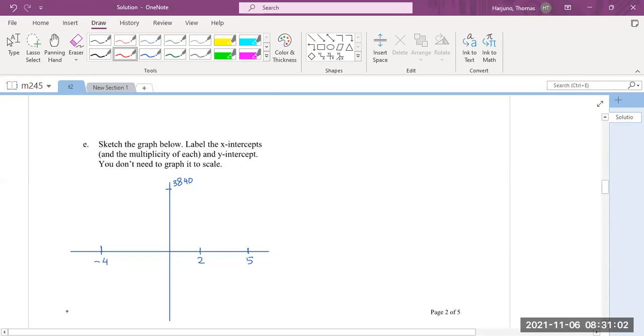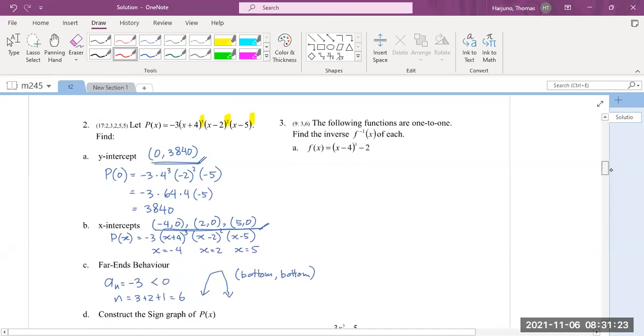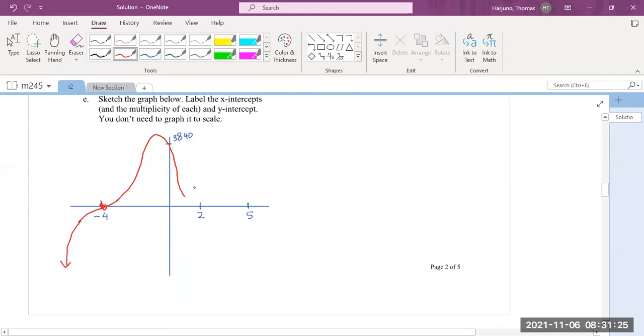from negative infinity. Now at -4, the multiplicity is 3, right? So when it crosses, it will cross like an x cubed. And then at 2, the multiplicity is even, the multiplicity is 2. It means it will bounce. It will not cross. It will bounce like an x squared.